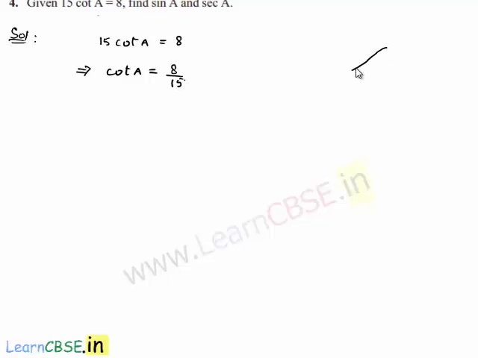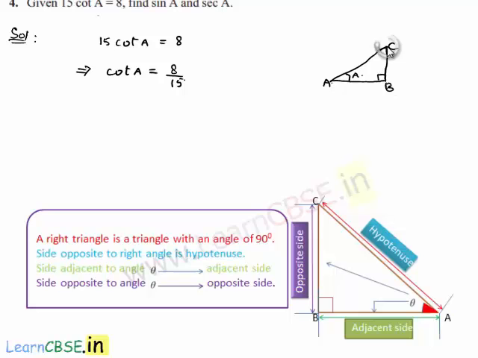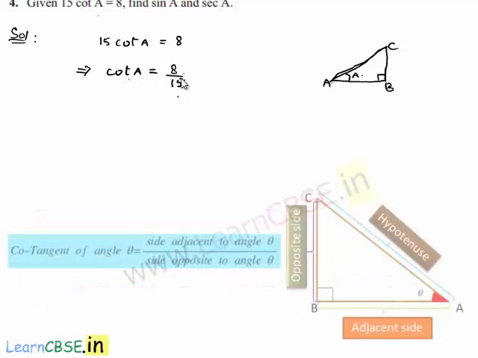Let us assume a right angle triangle with A as base angle and B be 90 degrees and C be the other vertex of the triangle ABC. In this, he has given that cot A is equal to 8 by 15. We know that cot of an angle is nothing but the ratio of its adjacent side by opposite side.